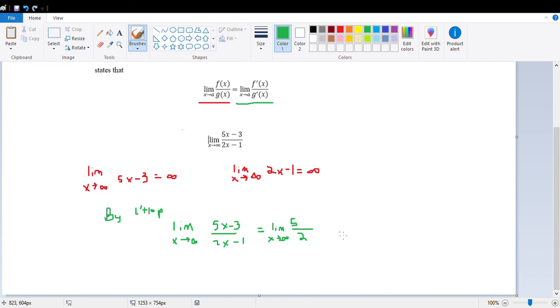And now the limit of a constant is simply the constant. So what we know now is that the solution to this limit is 5 over 2.